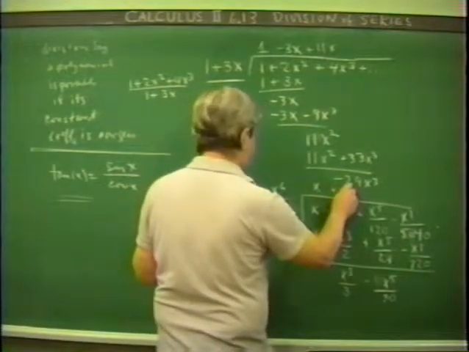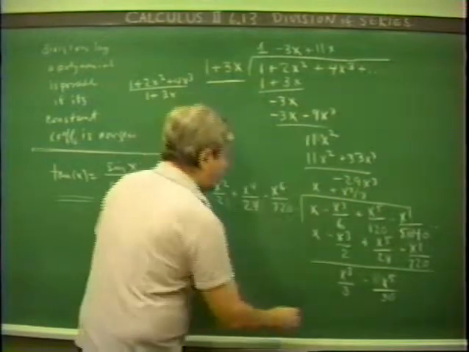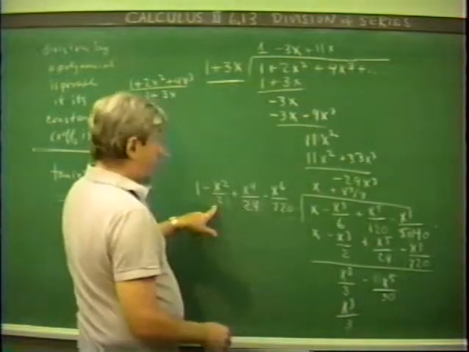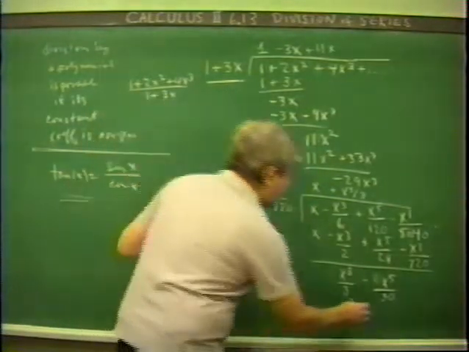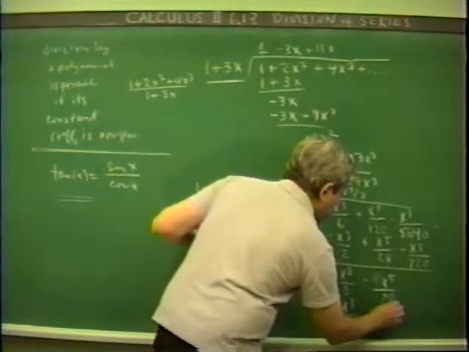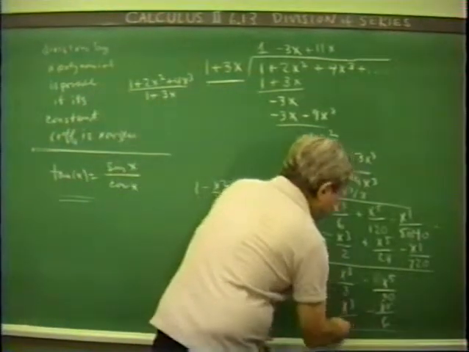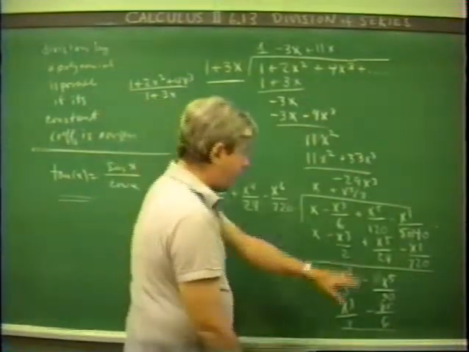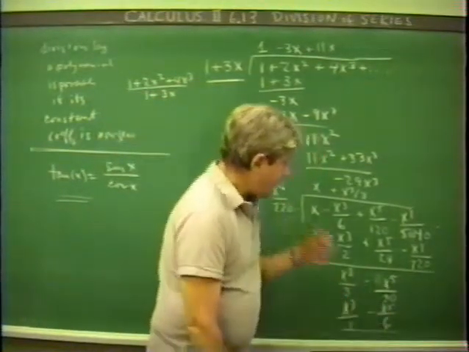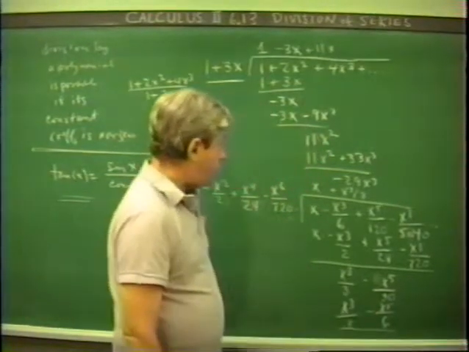Right? And I think I'll just delete this here, although we can clearly carry it through. What we're going to get next here is x cubed over 3. And then we're going to get minus x to the 5th over 6. And I will leave off the remaining terms here, but we can clearly carry them through also. And now what have we got?